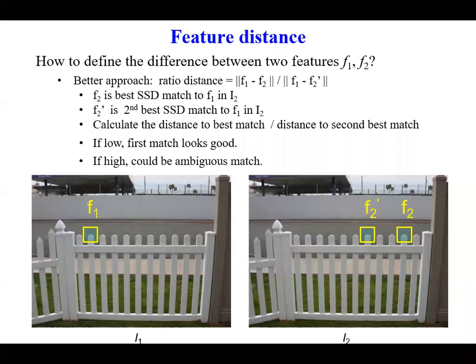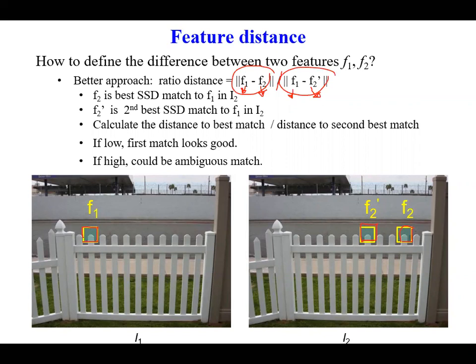What is better is to have a ratio distance between the image and the best SSD match from my calculation, divided by the image minus the second best match. So I will say, this is my image, this is my best match, this is my second best match, and then I will calculate that ratio.